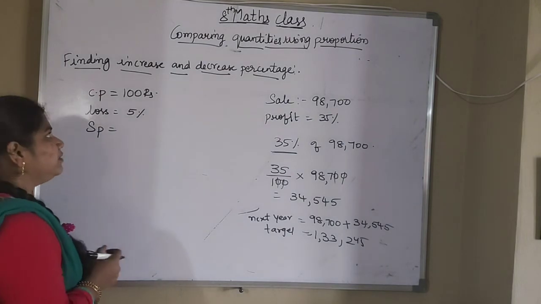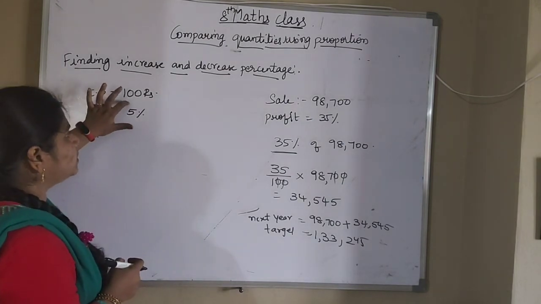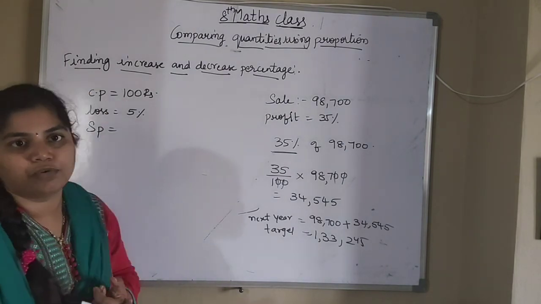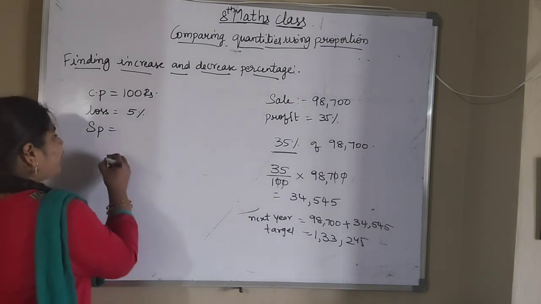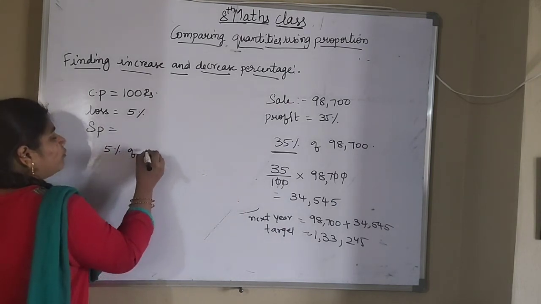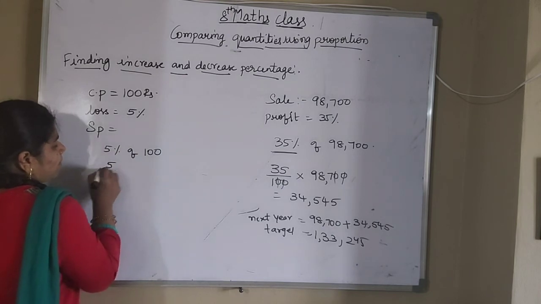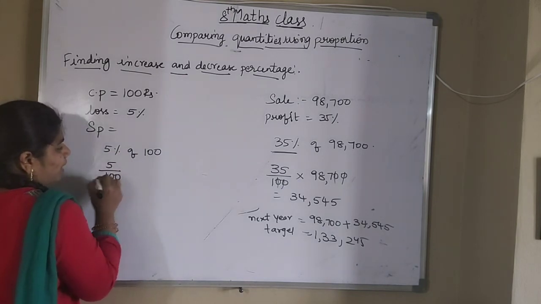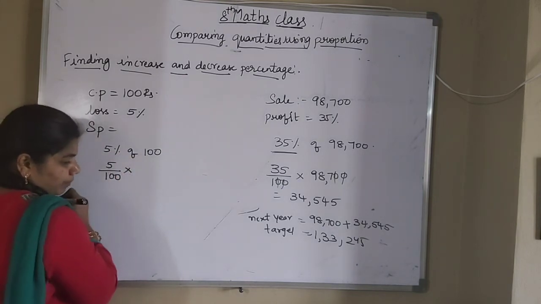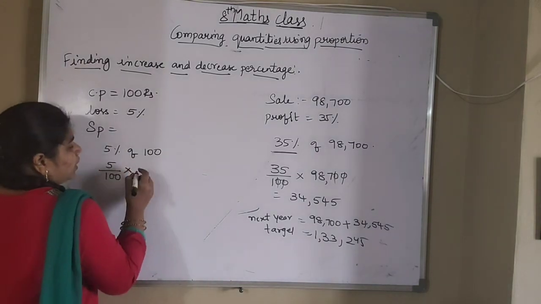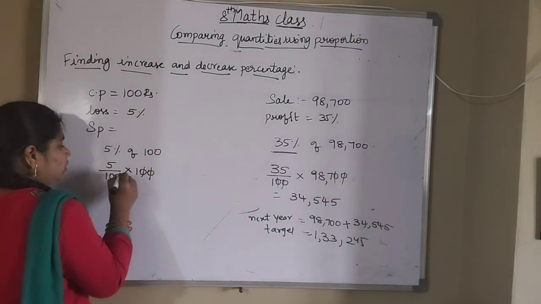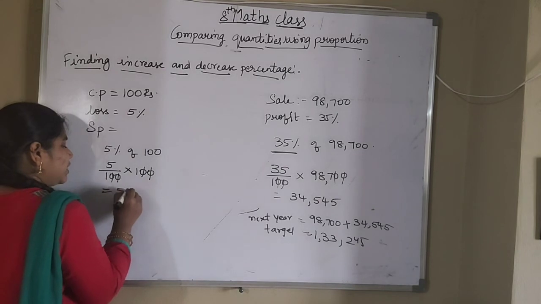So how to find that? First I have to find the 5% of 100 rupees. 5% of 100. That is 5% can be written as 5 by 100. Of is nothing but multiplication, and this is 100. So the zeros will get cancelled. That is 5 rupees.